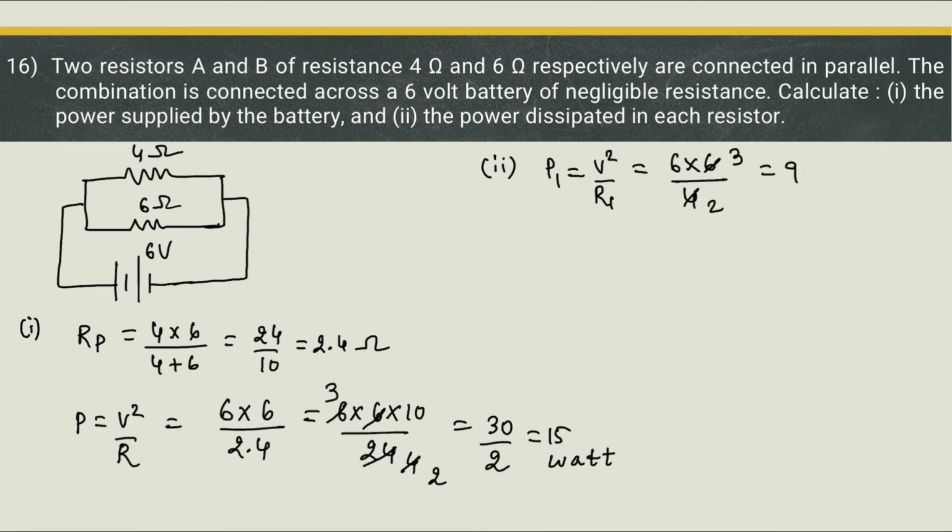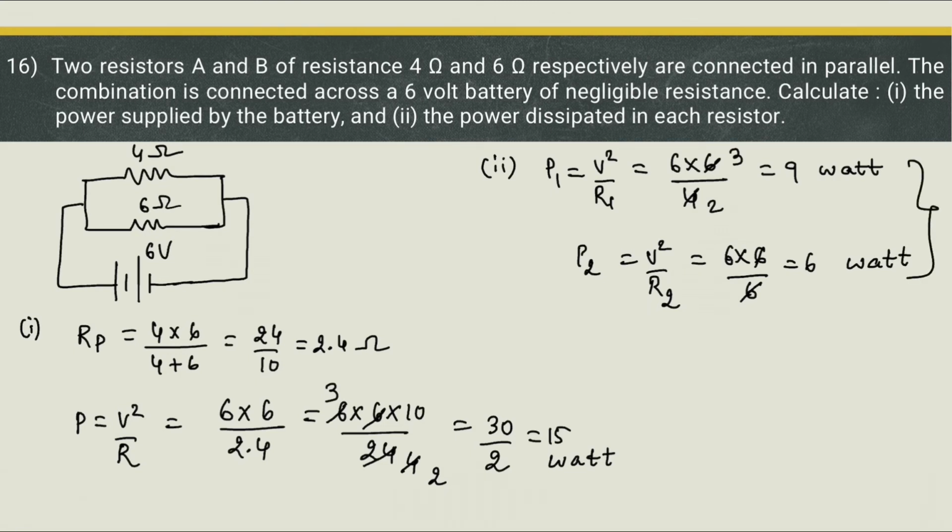So this is 9 watt, and P2 is V square upon R2, 6 into 6 upon 6, 6 watt. So then you can see that 6 plus 9 is equal to 15 watt, that is the total power supplied by the battery.